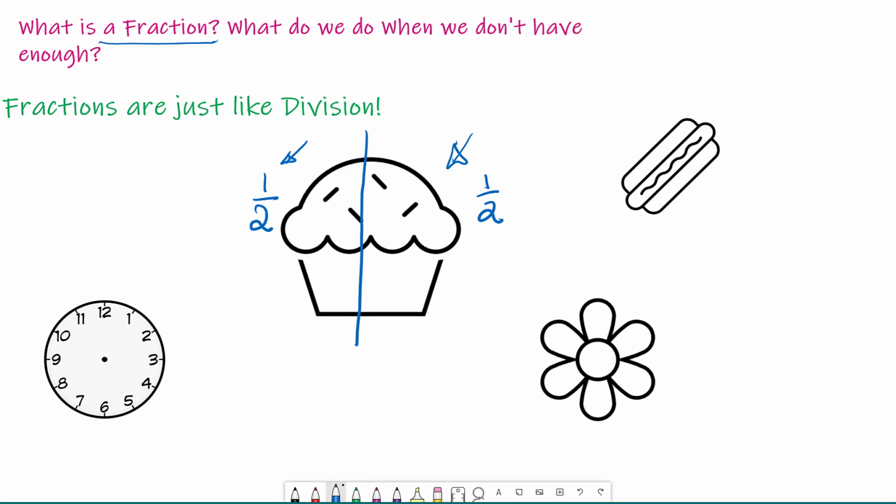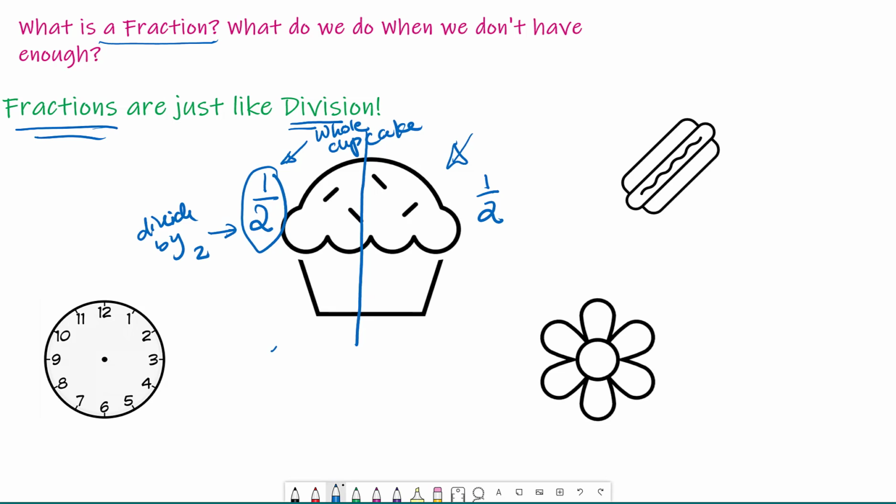The 1 is a whole, so we have one whole cupcake, and we divide it into 2, right? Or divide by 2. And that's where the symbol comes from. So when we're looking at dividing one cupcake into 2, we arrive at the fraction half. And so the fraction half is equivalent to dividing into 2. So fractions are really just like division.